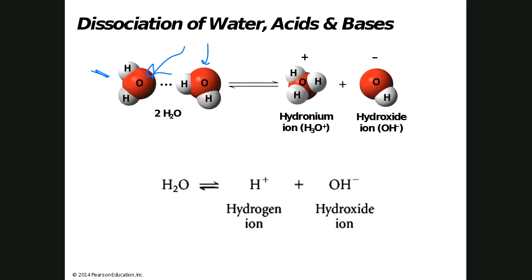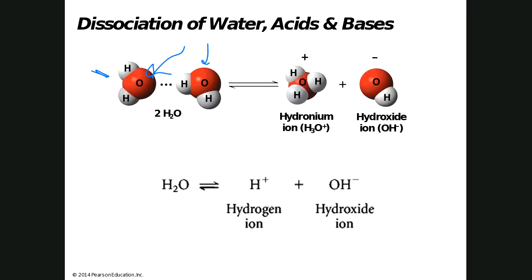So what basically moves between those two in that equation up at the top, notice the arrows too, right? Those arrows are equal, pointing in both directions. That means these reactions that you're seeing, if you looked at a glass of water, occur in equilibrium, back and forth. For every water molecule that's being turned into a hydronium ion and a hydroxide ion, there's two of these ions combining together, making a water molecule, back and forth.